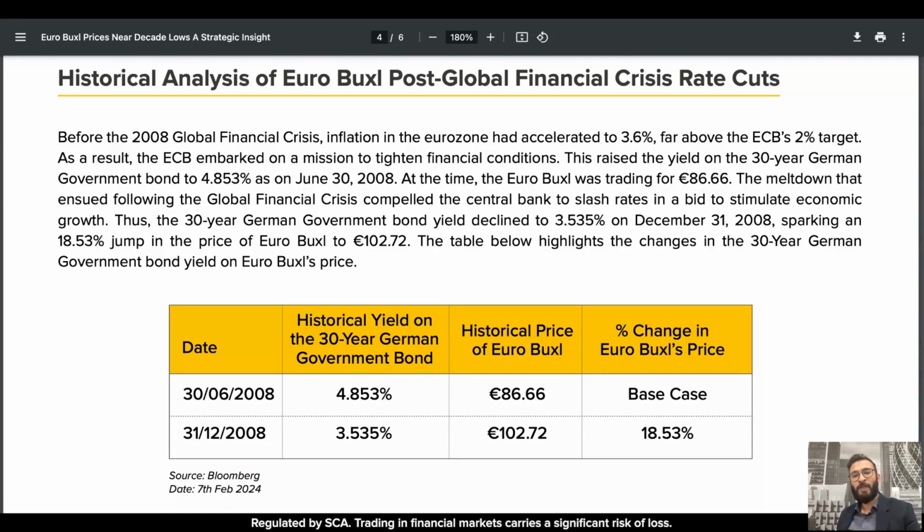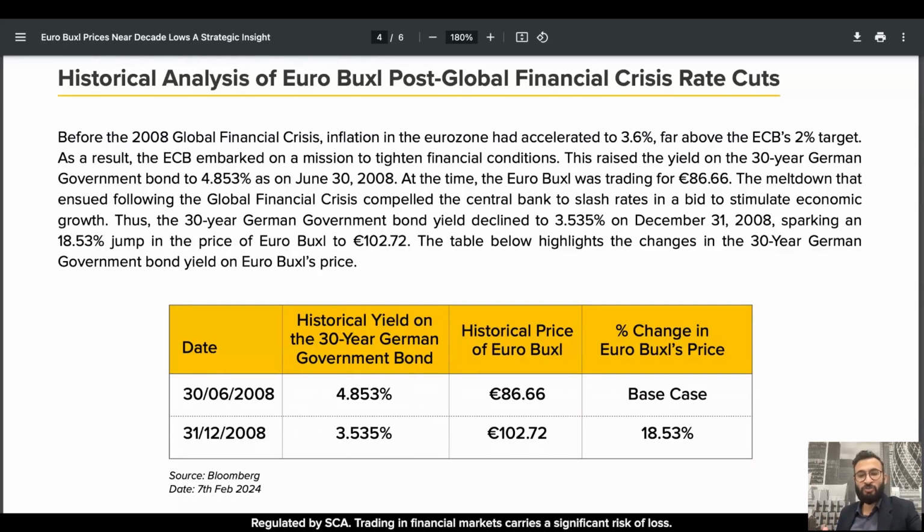In 2008, when the German government yield was 4.8%, the Eurobuxel price was 86 euros. The moment the yields were cut down in the next 6 months from 4.8% to 3.5%, the price of Eurobuxel increased from 86 to 102, an increase of 18.5%. So this is what we have seen back in the past.